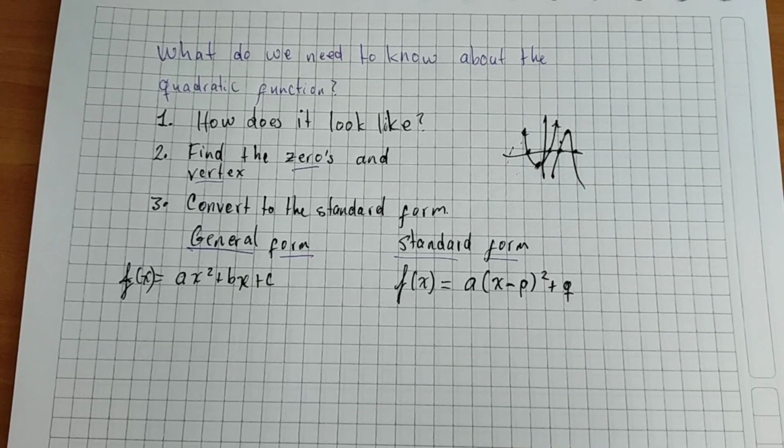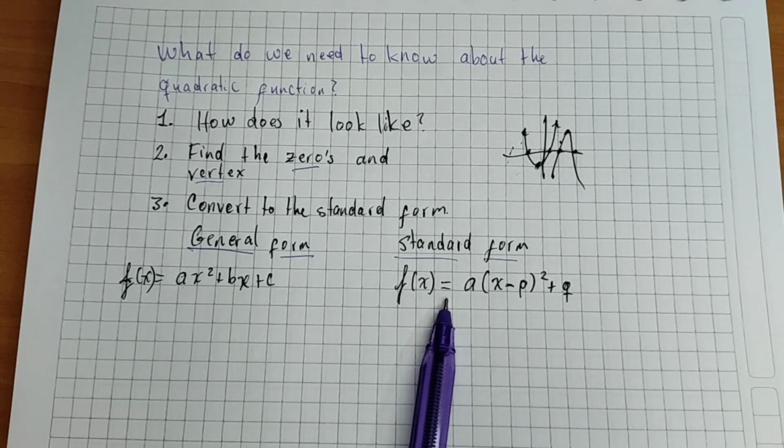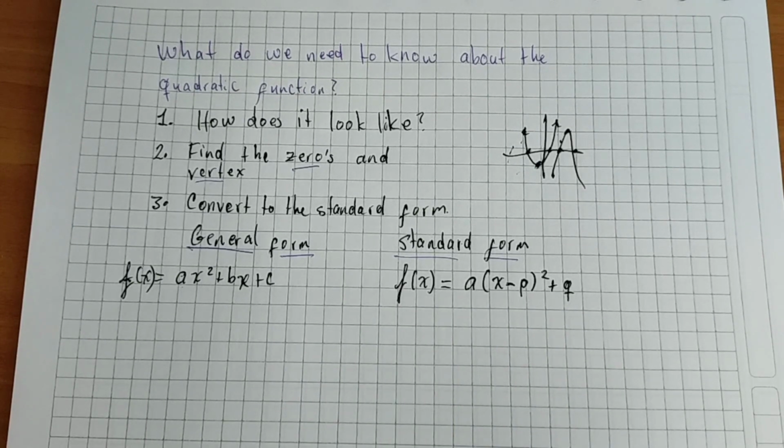Also, to draw the function, let's consider the case in which we have the data. The data could be, for example, the vertex and some other point. And after we have those, we have to calculate the function that crosses those 2 points. In that case, what we're going to do is use this form that we have here.